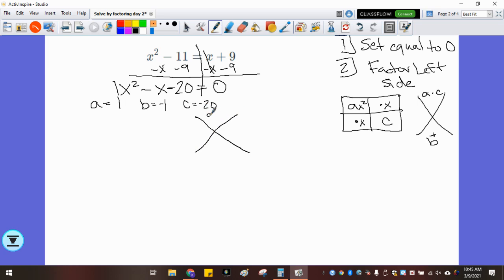So a times c, 1 times negative 20 is negative 20. Move this down a little bit. And b is negative 1.